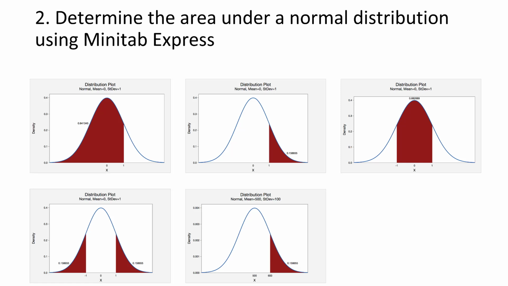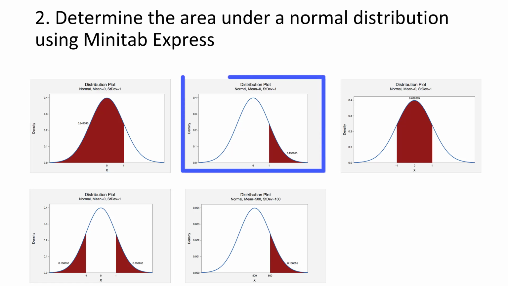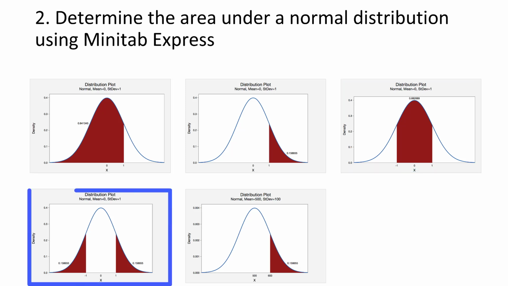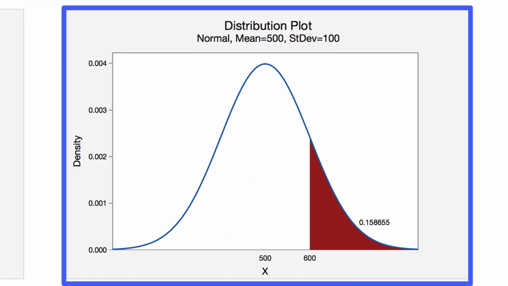I'm going to take you over to Minitab Express to walk through how to create each of these standard normal distribution plots to find the area less than a z-score of 1, greater than a z-score of 1, between the z-scores of -1 and +1, more extreme than the z-scores of -1 and +1, and we'll work through this last plot, which is a normal distribution with a mean of 500 and standard deviation of 100. That's actually the scale that the SAT subscales are normed to, where we'll find the area greater than a score of 600.